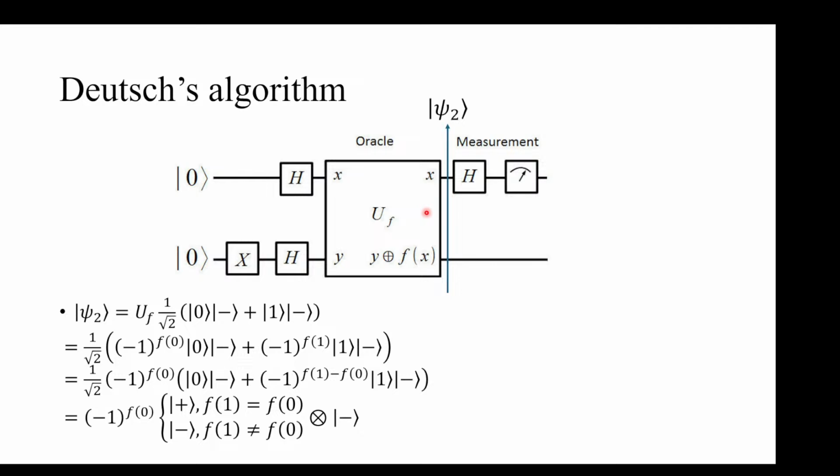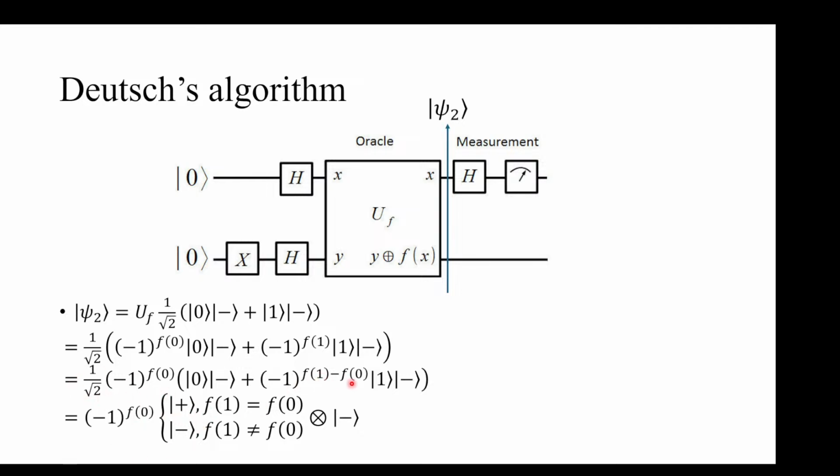Okay, and then we clean up a little bit. Then you see that the whole state is this global phase part that doesn't matter. It's -1 to f0. And the plus state if f1 equal to f0, because if f1 equal to f0, then this -1 to the 0, then you have no phase here, and everything is always tensor minus, and if this phase doesn't exist, then the first qubit is 0 plus 1, then it's a plus state.